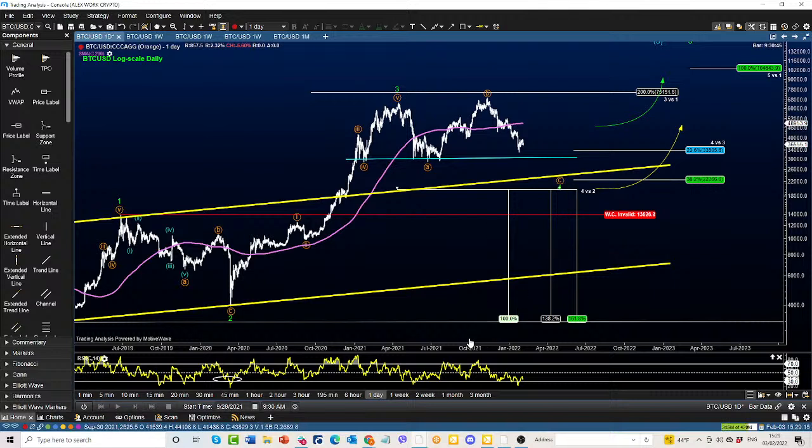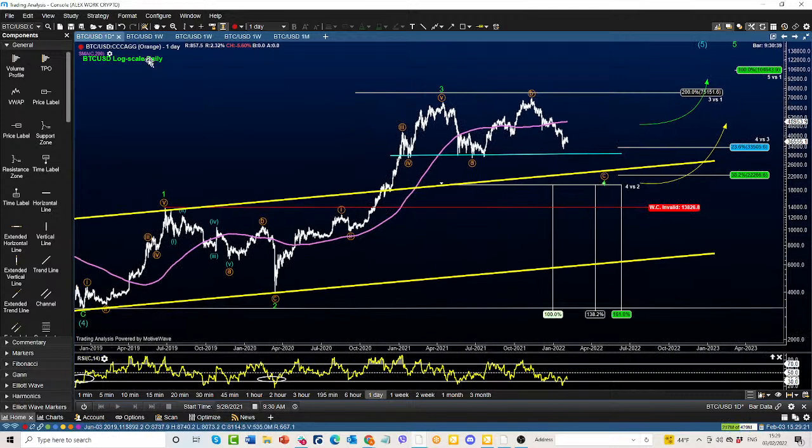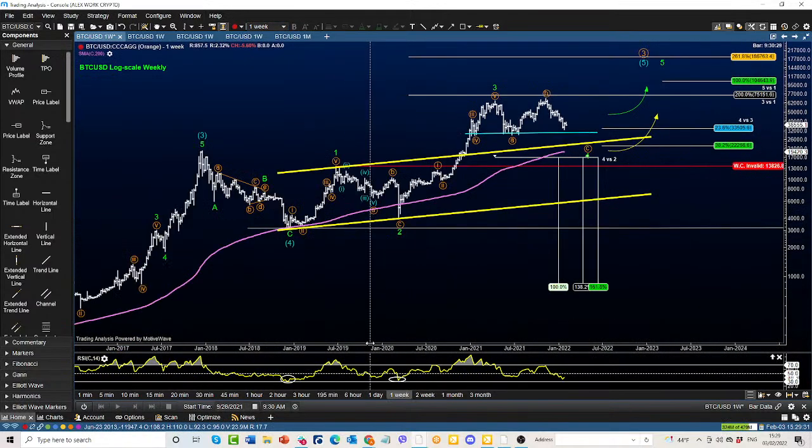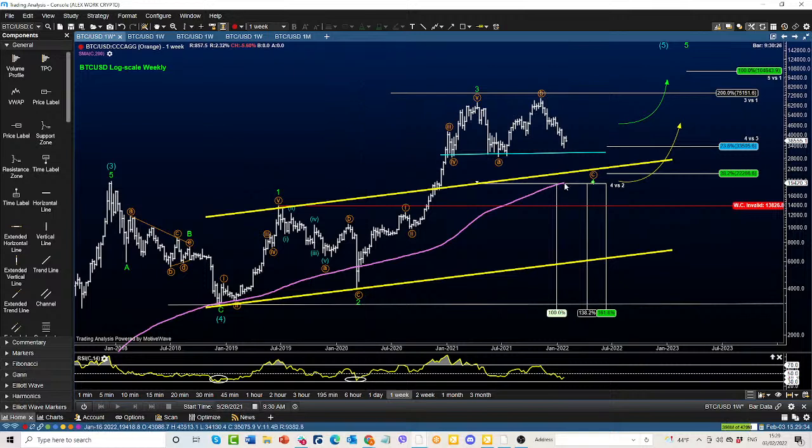In this zone of 20 to 22K, you have a couple of very strong things. I will show you on the weekly, because visibility is pretty nice on a weekly level. You have the 200 moving average on weekly, which has been holding the previous lows with a small overlap here, and might start to meet the price of Bitcoin if we go below this 28.8, where the triangle will be invalidated.